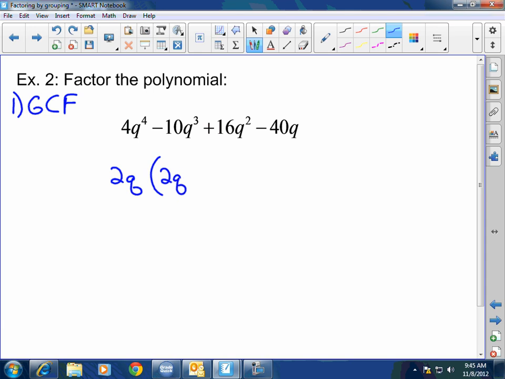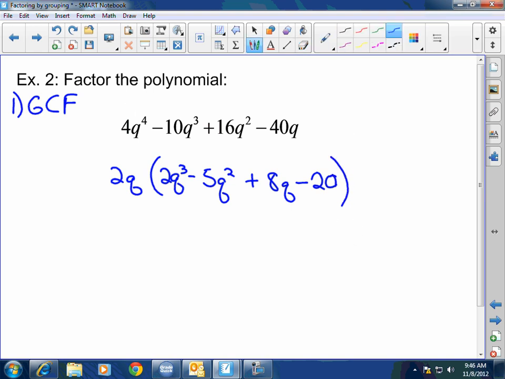Then you'll have 2q to the third, sorry, 2q to the third minus 5q squared, right? Plus 8q minus 20q. Okay? And there's no q there.